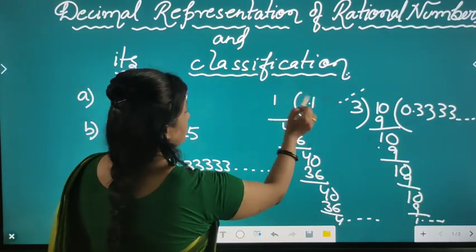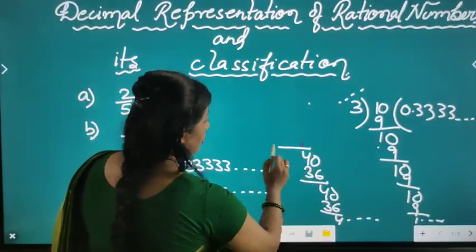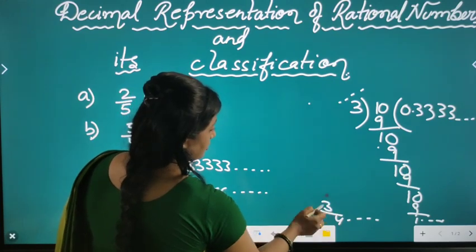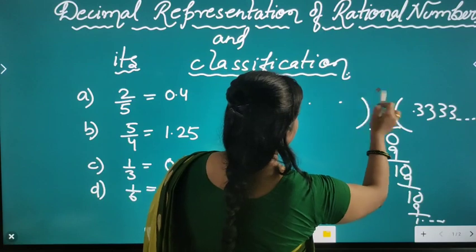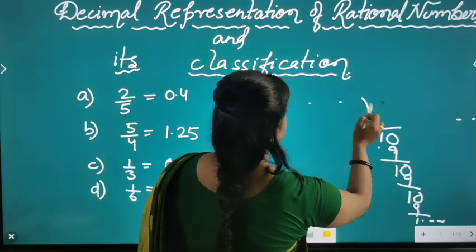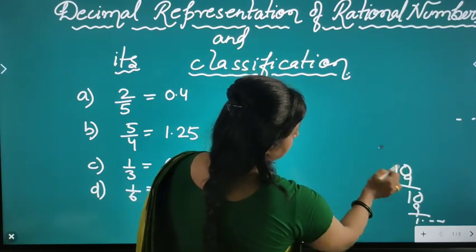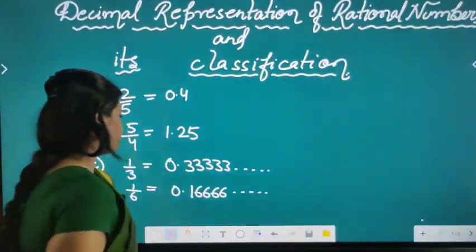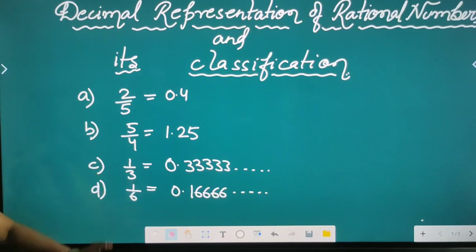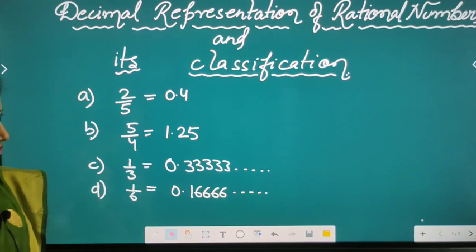Just look here. What is the difference between all these representations? Let me give you one more example, and then we will go into details. What is the classification of these decimal numbers? 2 by 5 is 0.4, 5 by 4 is 1.25, 1 by 3 is 0.3333, it will not stop, 1 by 6 is 0.16666, and so on.